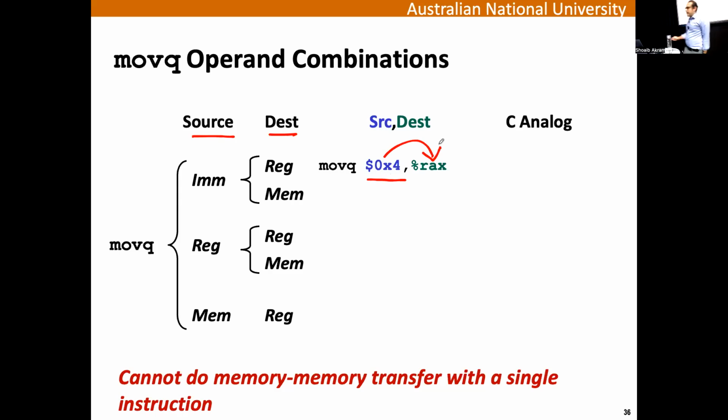All right, a C statement would be any variable name being assigned a constant. This is the assembly. Always remember, especially in the lab where you will do assembly, that source comes first, and then the destination.